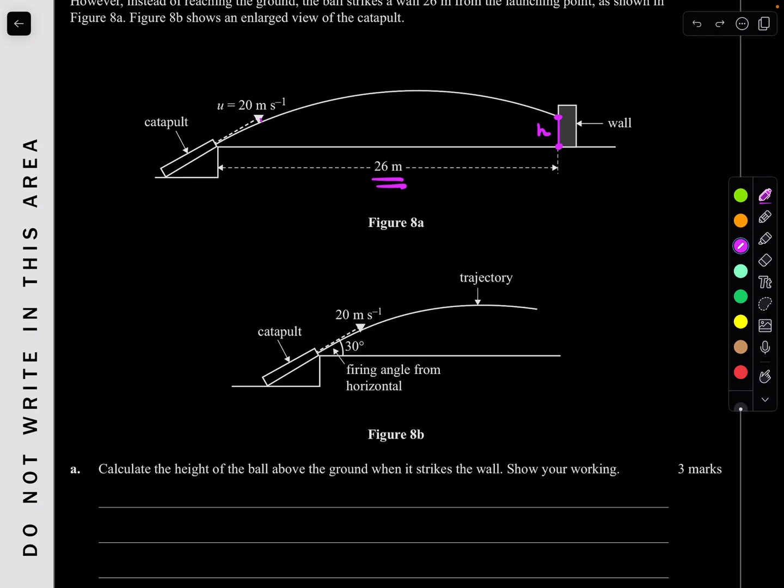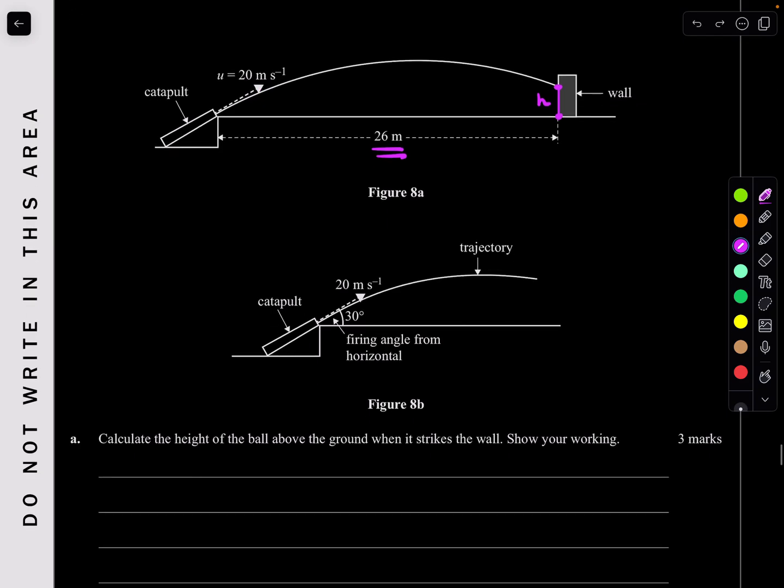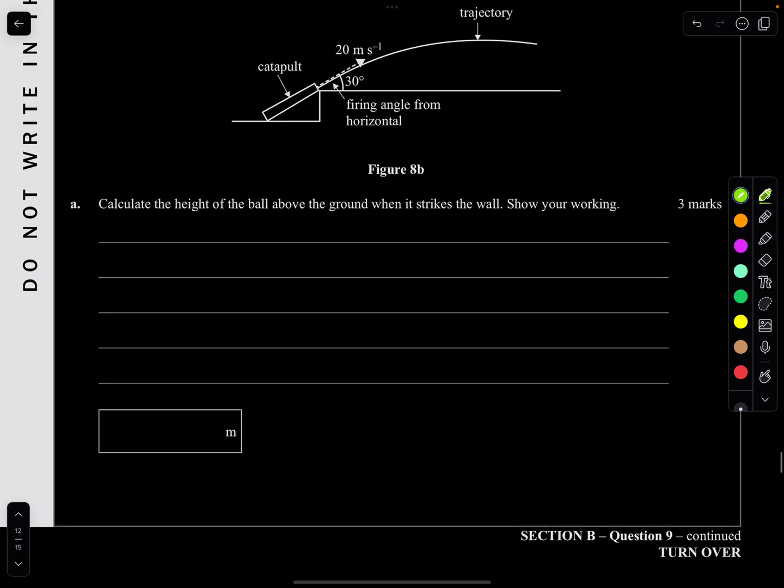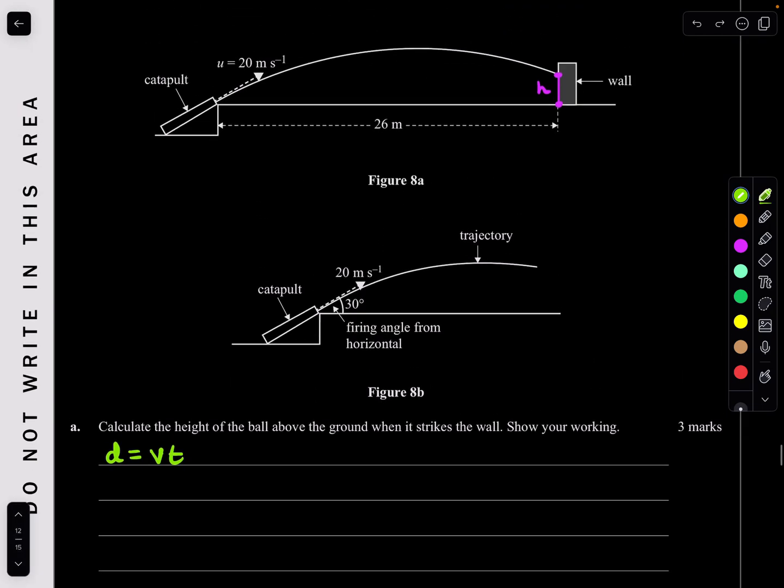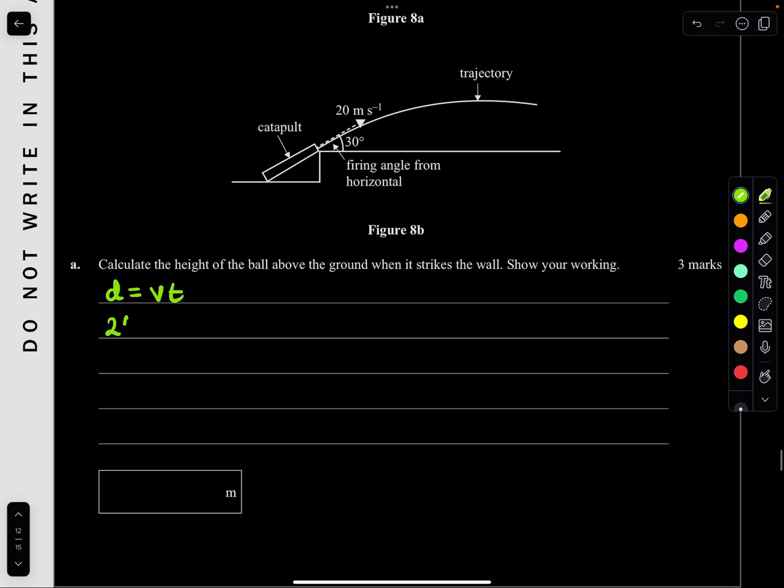Yeah, it's always constant. So remember, in this case, distance is equal to vt. And this is for your x, like the horizontal thing. And so we know our distance is what? So we said the distance is 26.